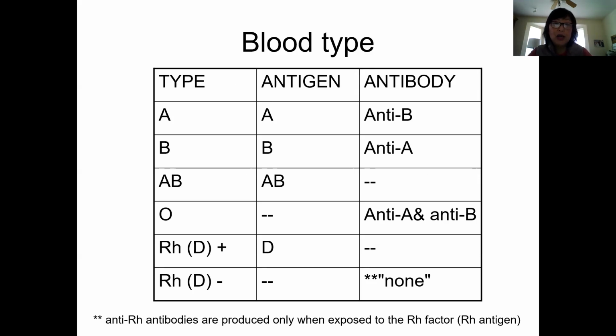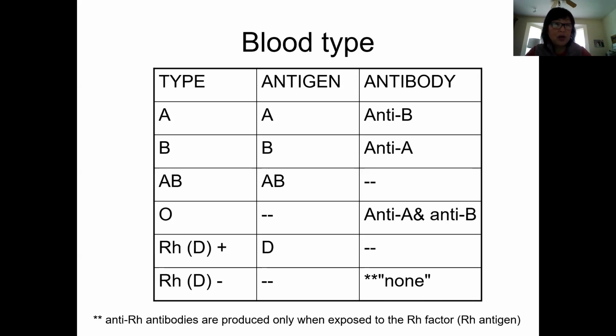So here we go, the blood types. If you notice, if it's type A blood, there's antigen A present on the RBC, in the second column. Now, if you look at a type B blood, then on the RBC surface, you have B antigen.